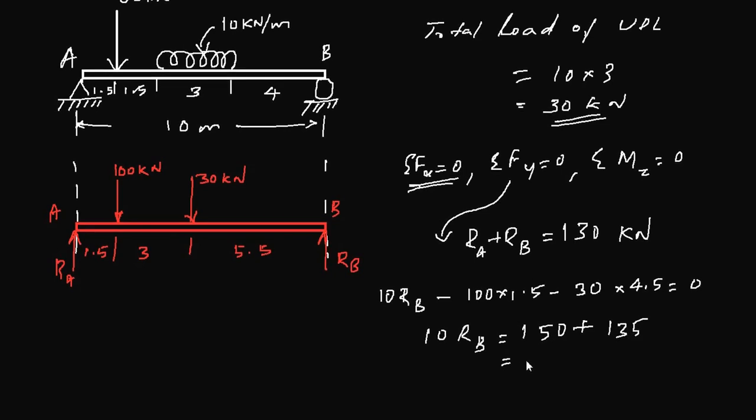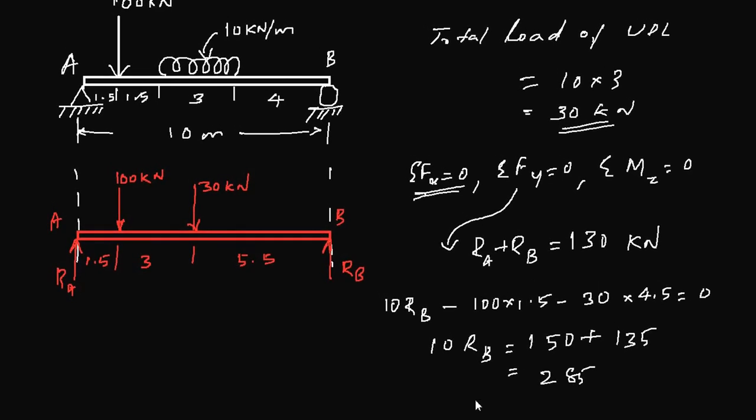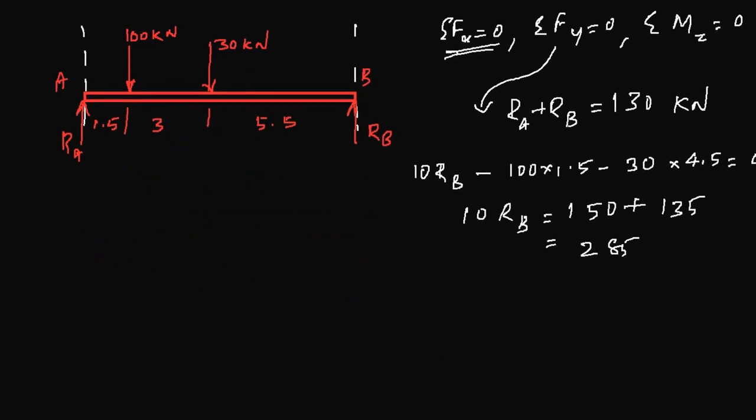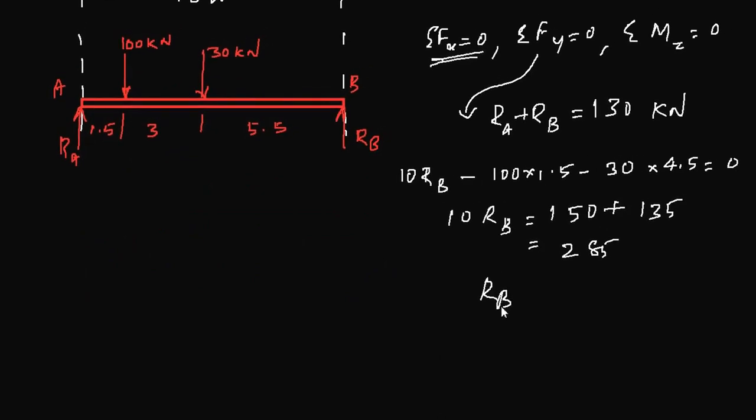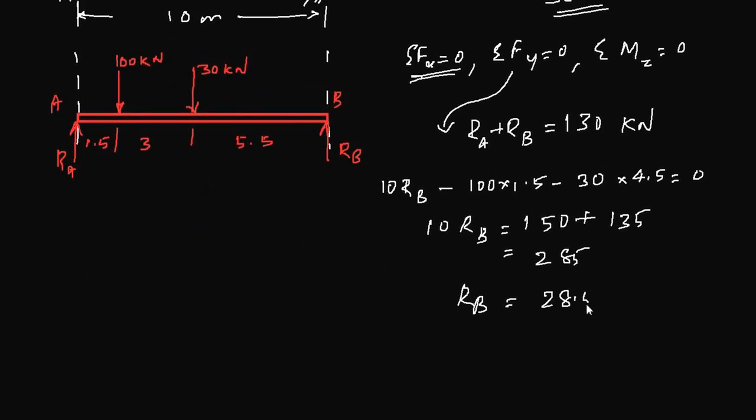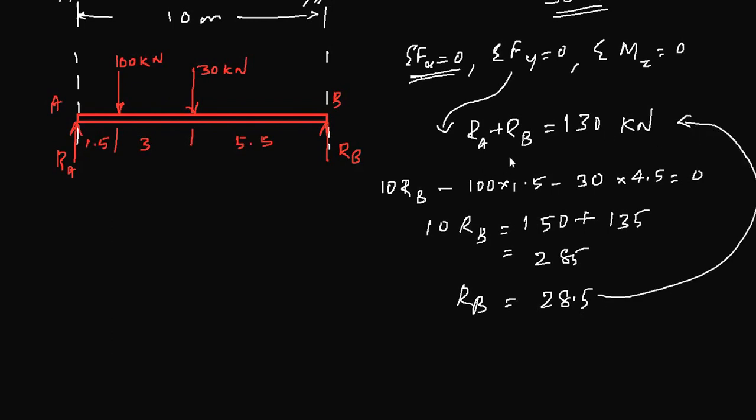That will give you 285, or you have RB is equal to 28.5.